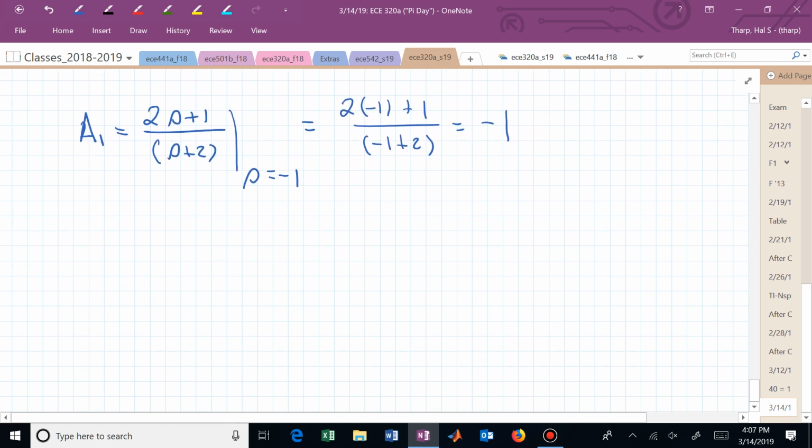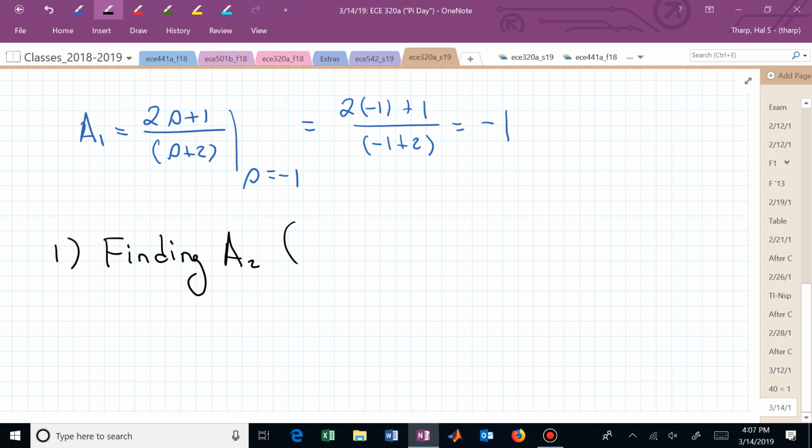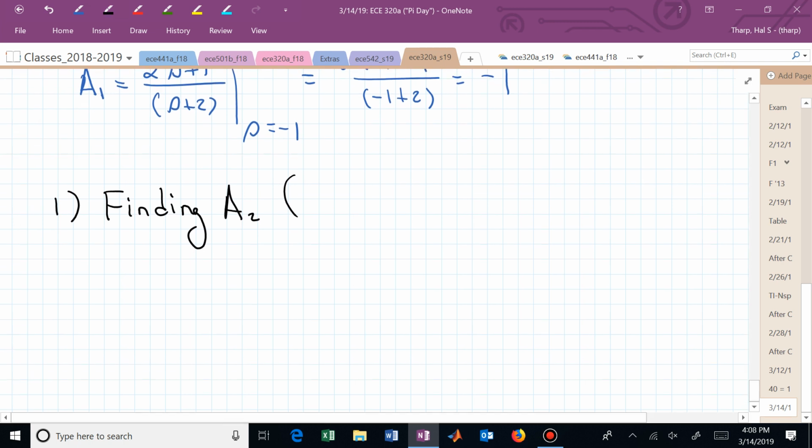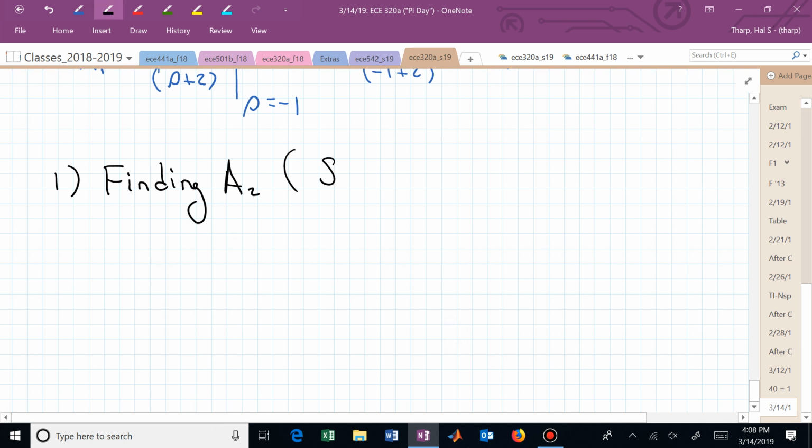So let's look at the first strategy. The first strategy is to find A2 by selecting a convenient value for s. The partial fraction expansion is valid for all values of s, and A2 is my only unknown in that equation if I know A1 and A3.